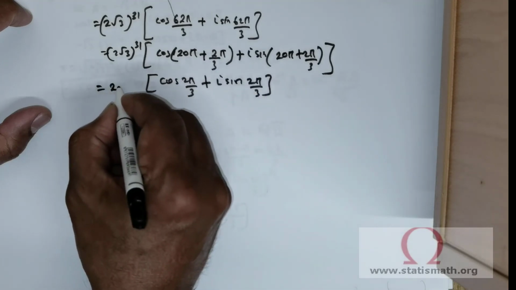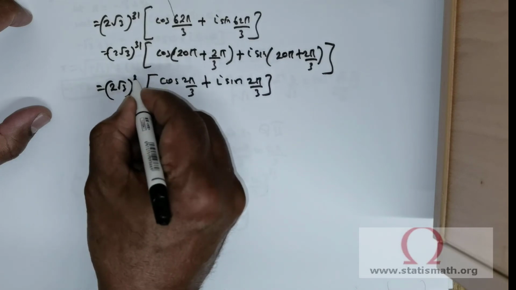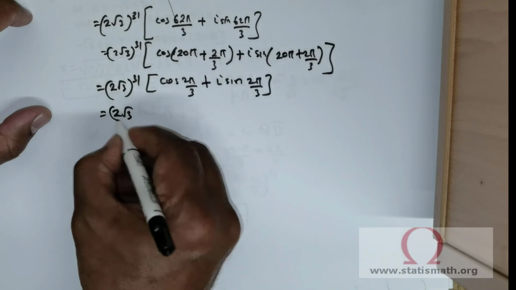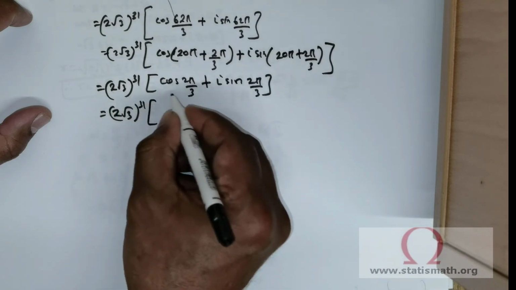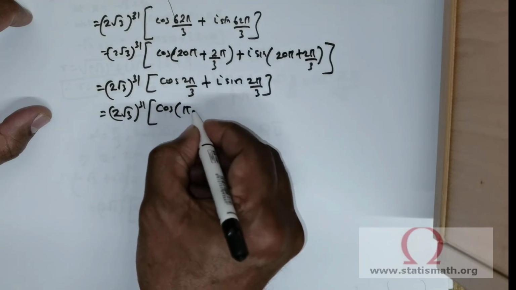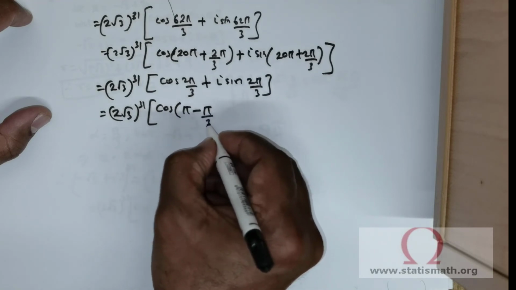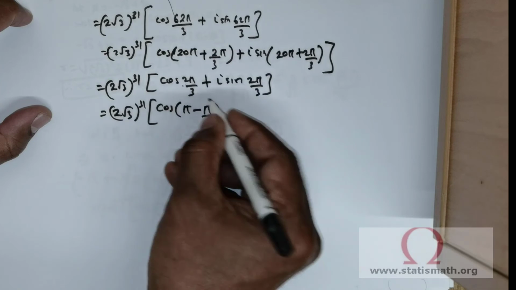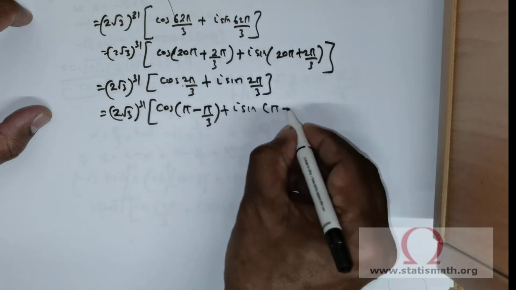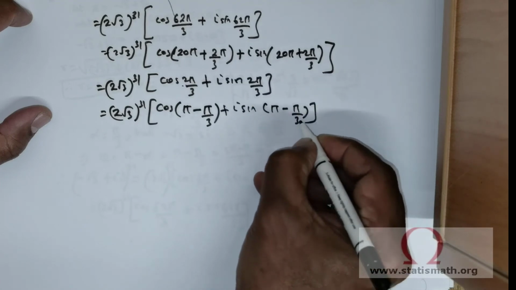Of course, I've got 2 times root 3 raised to the power 31. Now this can be rewritten as cos of pi minus pi over 3 plus i times sine of pi minus pi over 3.